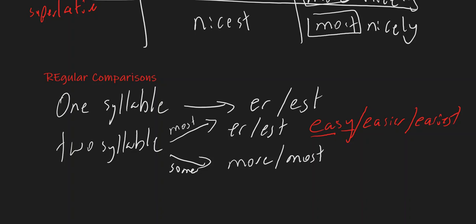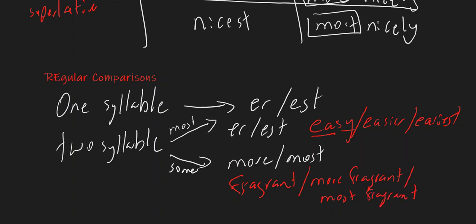Example is fragrant. Fragrant is two syllables. The comparative is more fragrant, and the superlative is most fragrant.